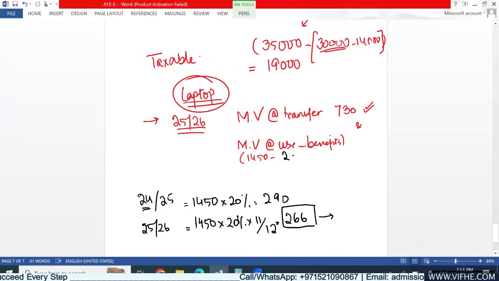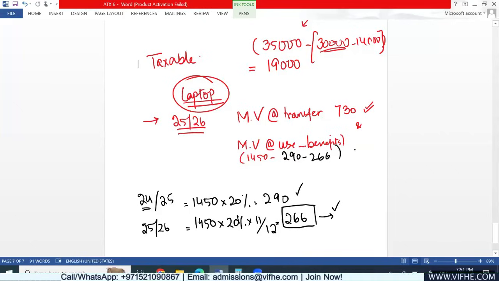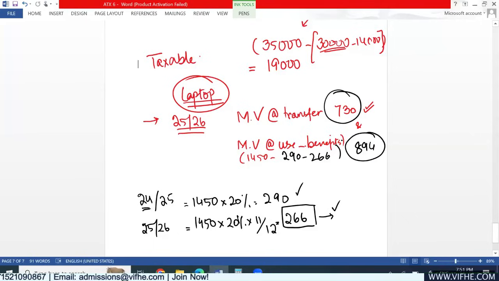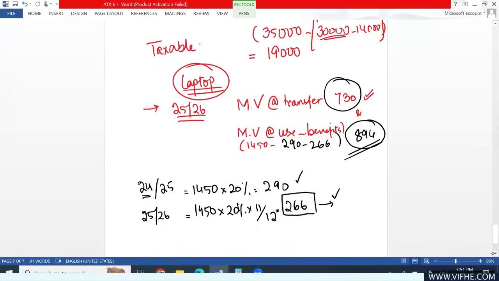So how many benefits has she already been assessed with? 290 and 266. So the remaining value will be 894. And we all know that out of market value at the date of transfer and the other figure, we pick the higher of the two, which in this case is 894 pounds. So 894 pounds is going to be the taxable benefit.